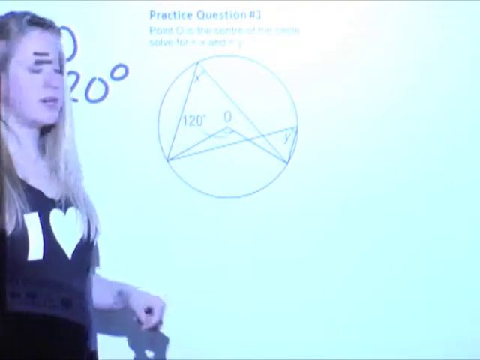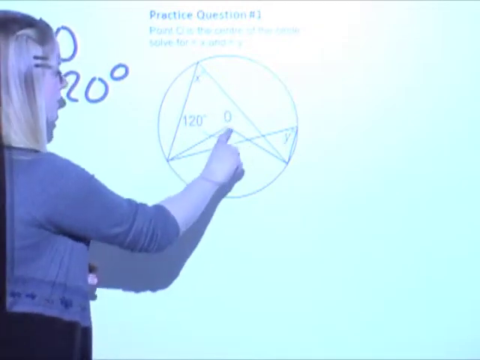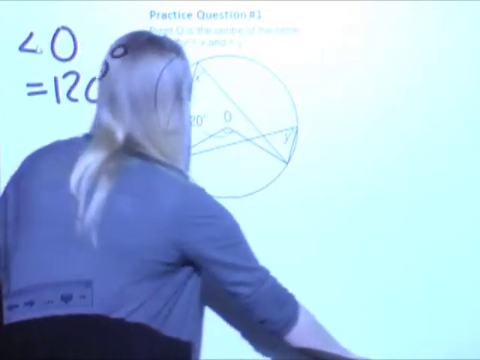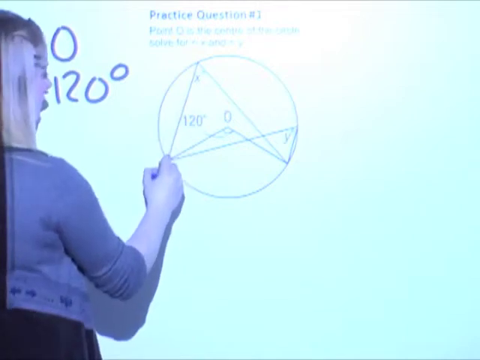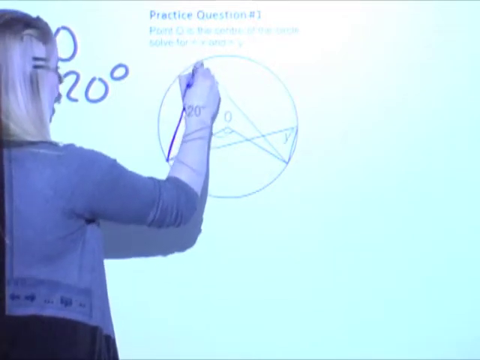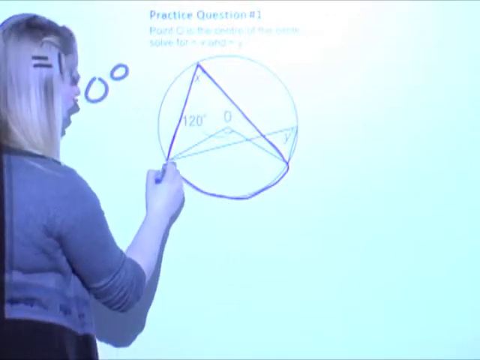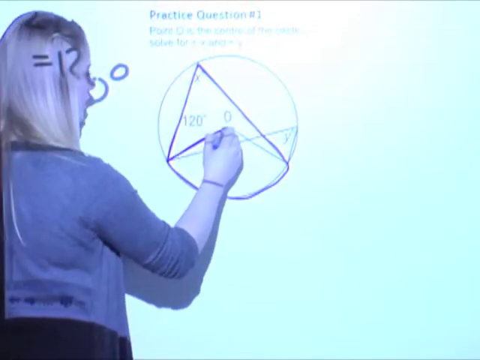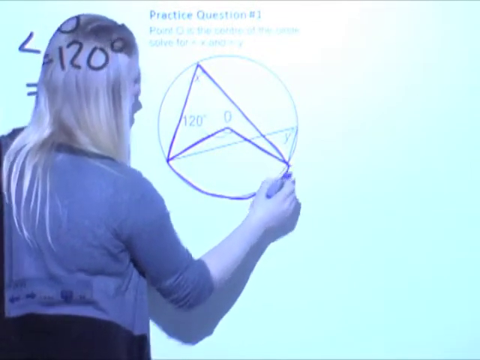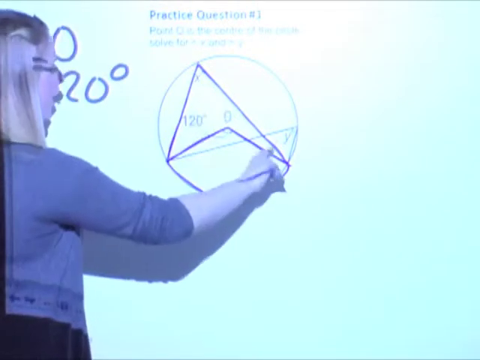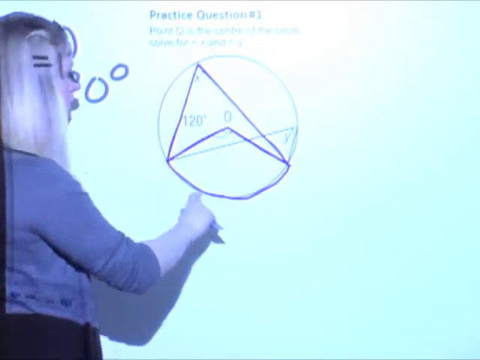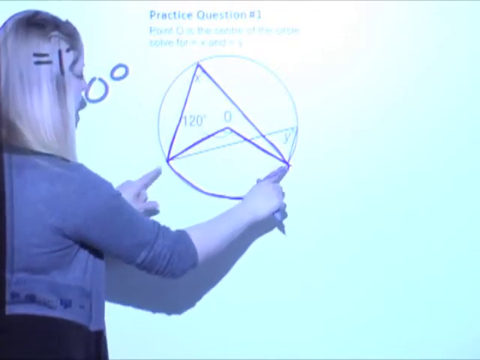If we also trace along from the same points, from here to here, up to X, and then around on our arc, and then back through to our central angle, notice that these 2 angles share the same arc on the circle from these 2 points.